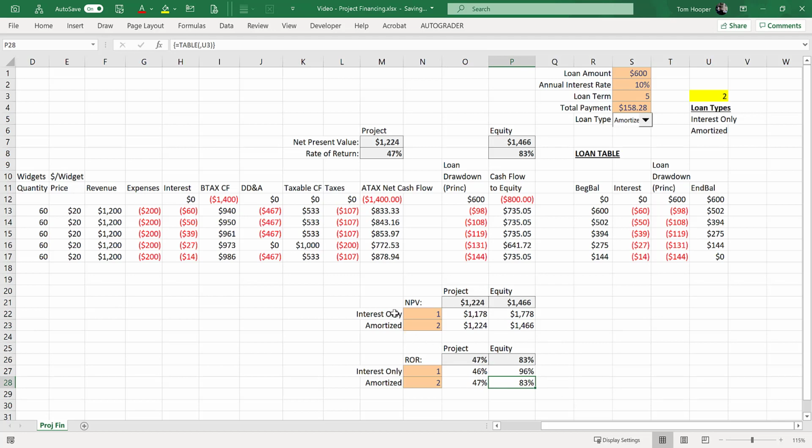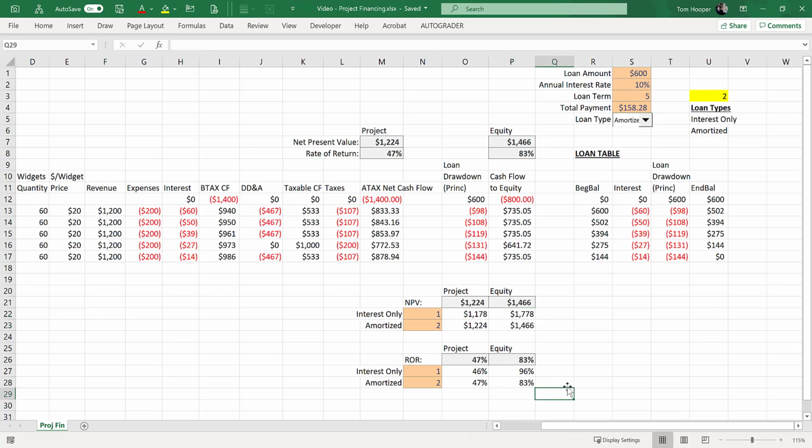Now let's compare the interest-only loan to the amortized loan. The project NPV liked the amortized loan better, both from an NPV standpoint and a rate of return standpoint, but the equity investment liked the interest-only loan better from both an NPV standpoint and a rate of return standpoint.